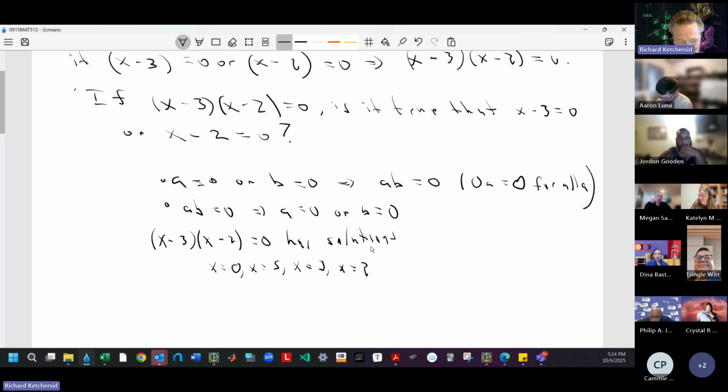What about 1? Put 1 in there and I get -2 times -1, so it doesn't look like that works. So the only thing not a solution in Z6 is 1, right?